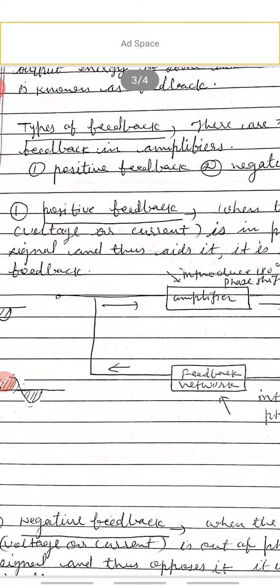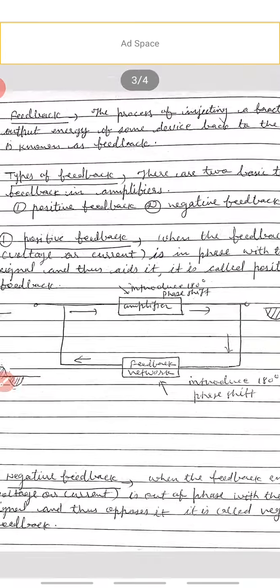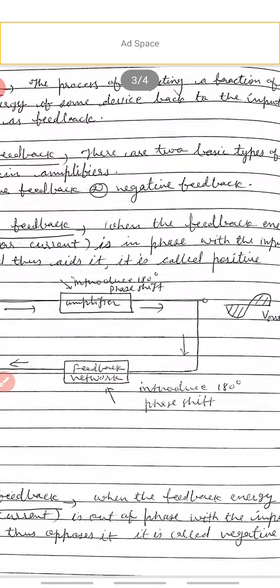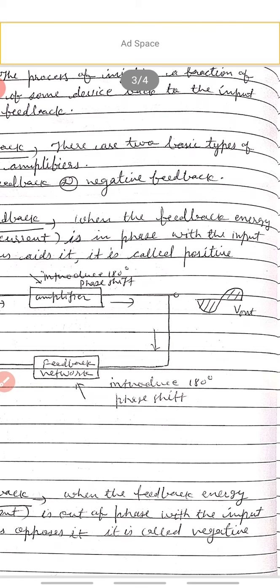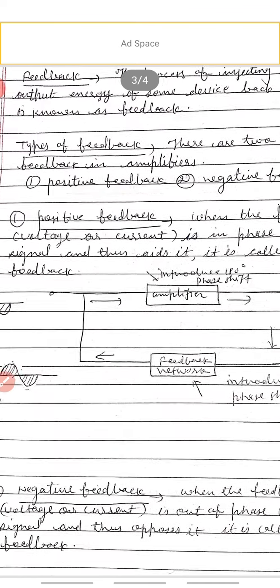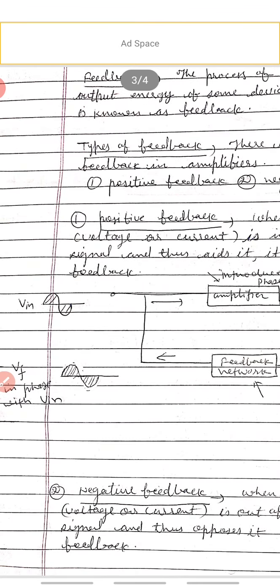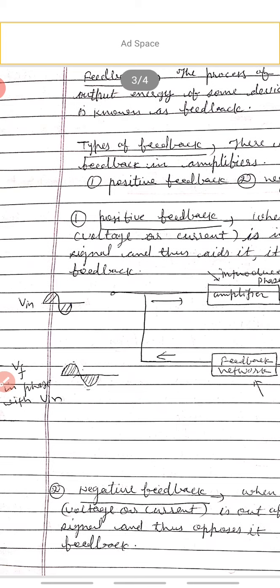And this is the diagram for positive feedback, and in this it is clear that Vf is in phase with Vin. Input signal and feedback signal both are in phase.